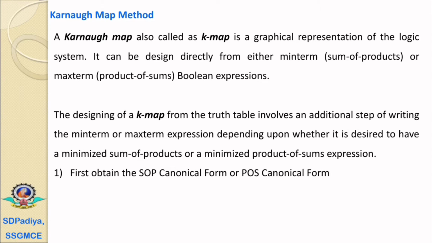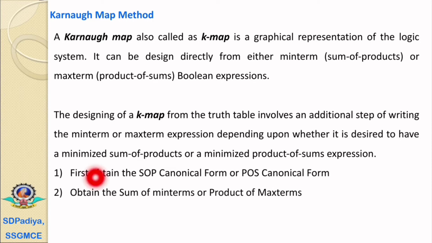The second is to obtain the sum of minterms or the product of maxterms. Minterm means product, that is a sum of product terms, or the product of maxterms. Maxterm means sum, therefore it will be the product of sum terms.